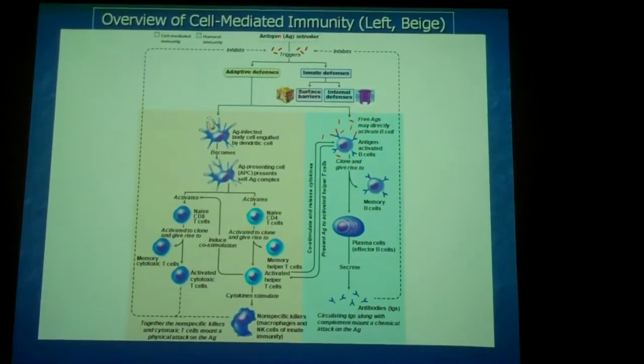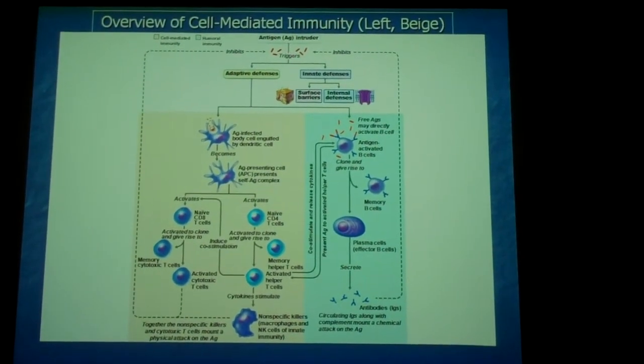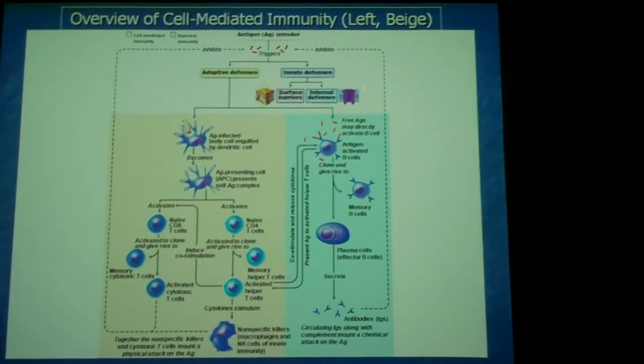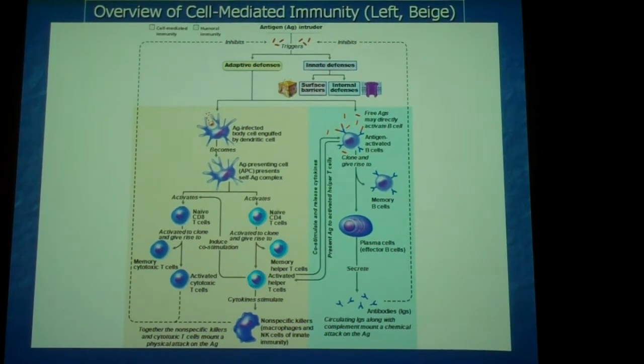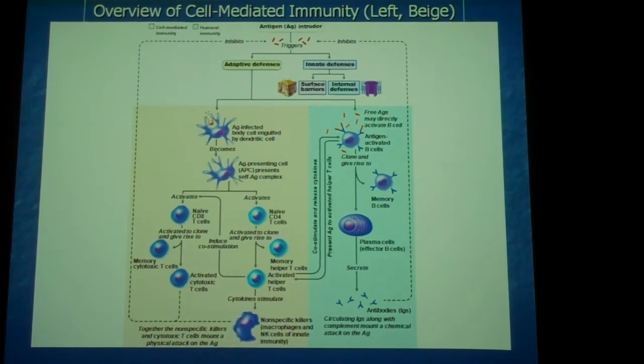So we have a new antigen come on the scene. Our nonspecific defenses come into play. Remember, they work hand in hand. All right? This antigen here happens to be presented to an antigen-presenting cell. This is a dendritic cell.